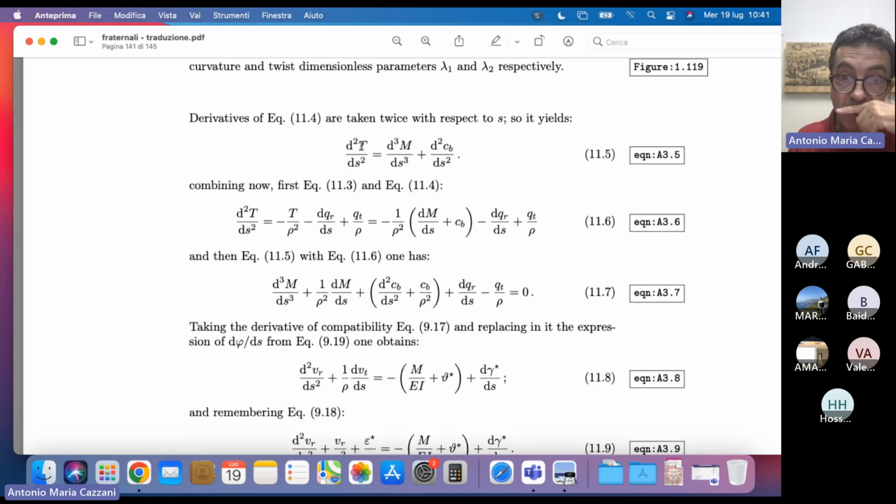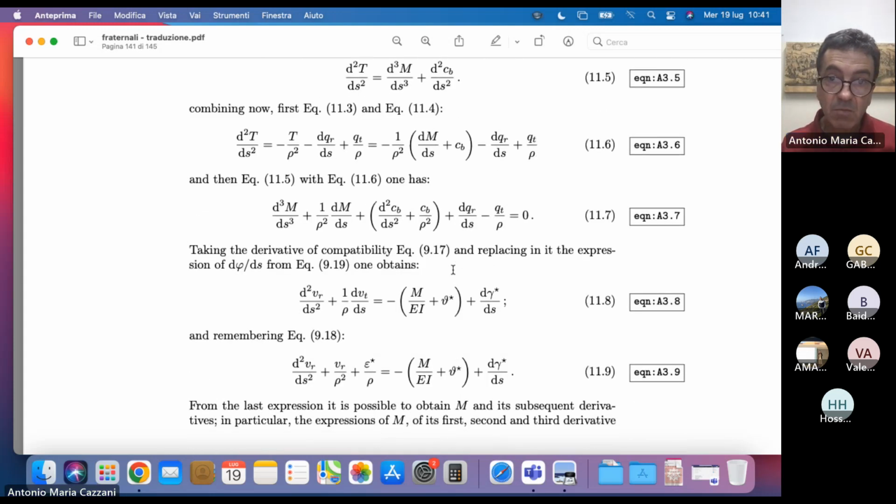So the second derivative of t is this expression, which can be substituted here. And so, by combining these two equations, we reach this expression. And so now we have a unique third order equation in terms of the bending moment, which holds for our arch.